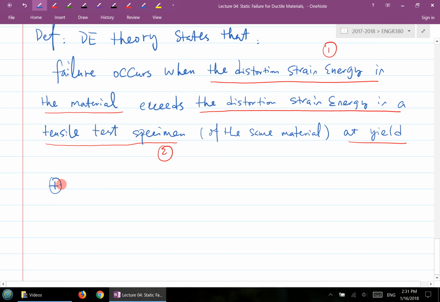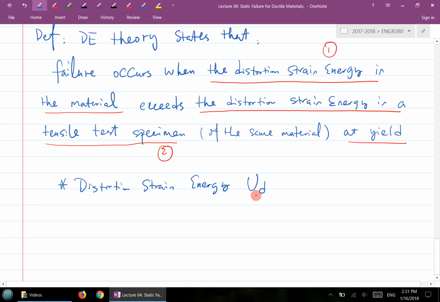So this is what we'll do. Let's look at the quantity called distortion strain energy. We'll call it UD, representing this distortion strain energy.